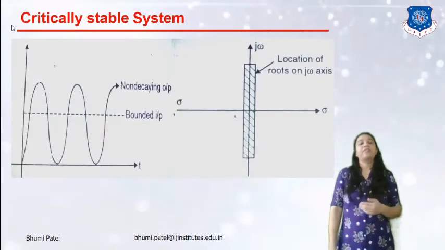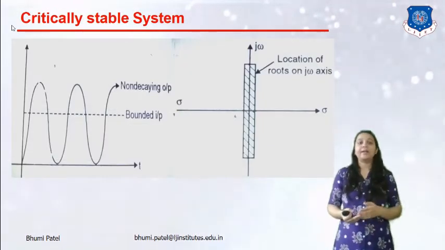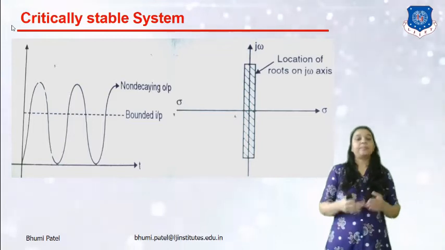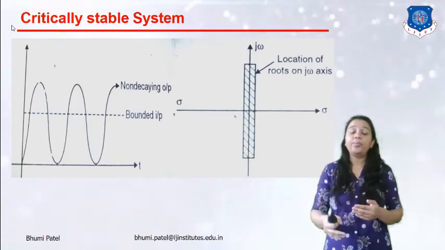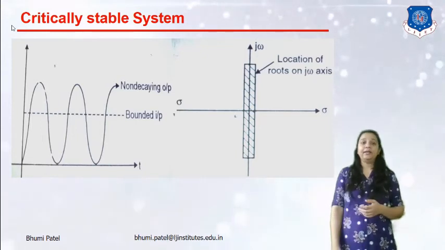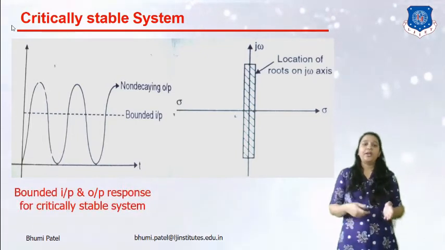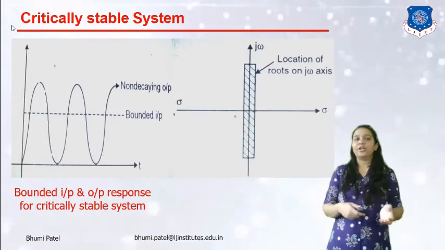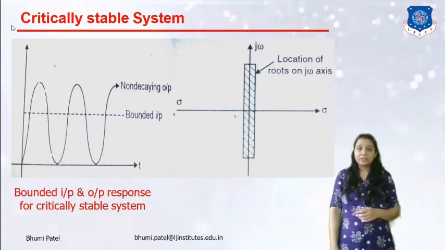In this figure you can clearly see on the left hand side diagram that we give a bounded input, but on the output side we get an oscillating response. So this is the output response for the critically stable system.